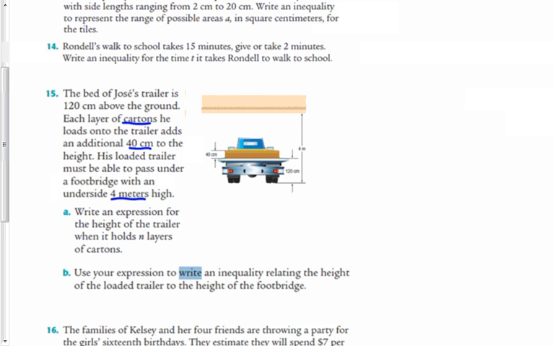So the height starts at 120, you can see that, but then it adds 40 centimeters per additional load of cartons. So we're going to multiply 40 times the number of loads of cartons. Let's just call it x for loads of carton.